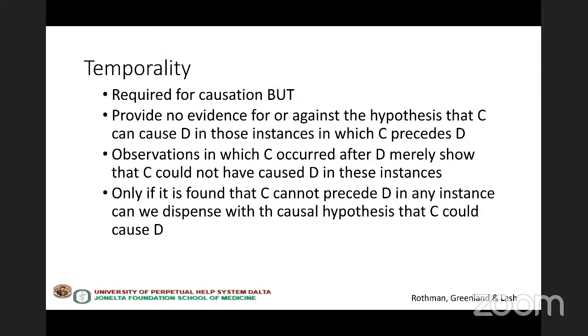So there's no evidence. And only when it is found that C cannot precede D in any instance can we dispense with the causal hypothesis that C could cause D. That is temporality.